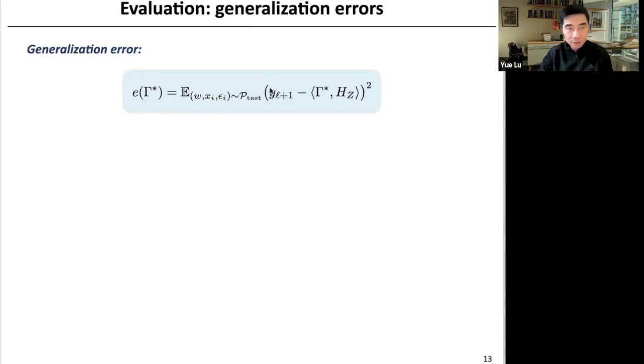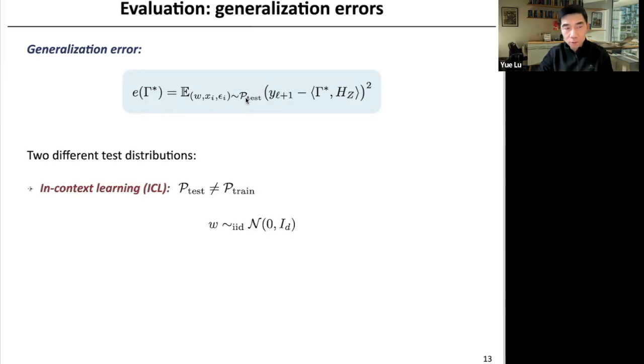Then we evaluate it using some test distribution. We are going to consider two different settings. The first setting is the so-called in-context learning setting, where the test distribution is the true distribution, but it's different from the distribution of the training data set. Because in the training data set, we only have a finite number of different task vectors, so the training distribution is different from the test distribution. And we consider the test distribution to be the true distribution.